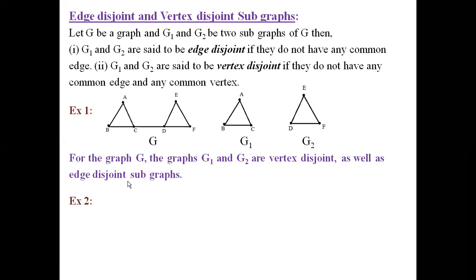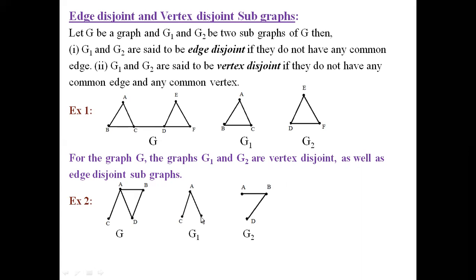See another example, where I consider this graph G for which G1 and G2 are the subgraphs. Now, we observe that there are vertices common in these two graphs. A is a common vertex, and D is also a common vertex. So these are not vertex disjoint subgraphs, but they are edge disjoint subgraphs.